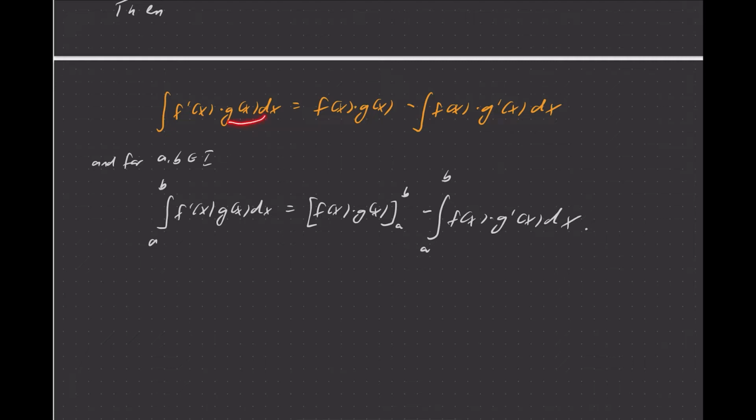You get to differentiate one function, you have to integrate another. f is being integrated here and here, g is being differentiated. So if it's easy to integrate this f prime function, then this might be a trade-off that is worth the cost. And we'll see a few examples that demonstrate how to use this integration by parts rule.